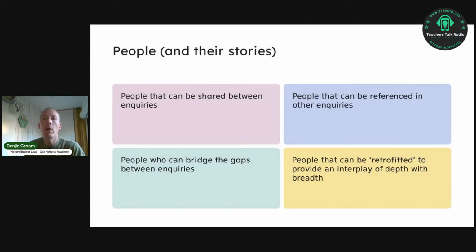In our curriculum, Napoleon overlaps quite a few of our inquiries, our inquiry on Haiti and British reactions to the French Revolutionary period. Others, the mathematician Euclid is mentioned in a primary context, and then through to the secondary as well in the Renaissance, with that all through context. So people and their stories can bridge gaps between inquiries.